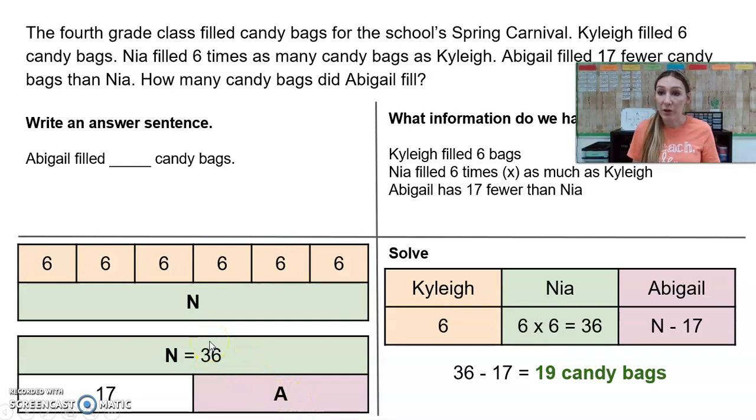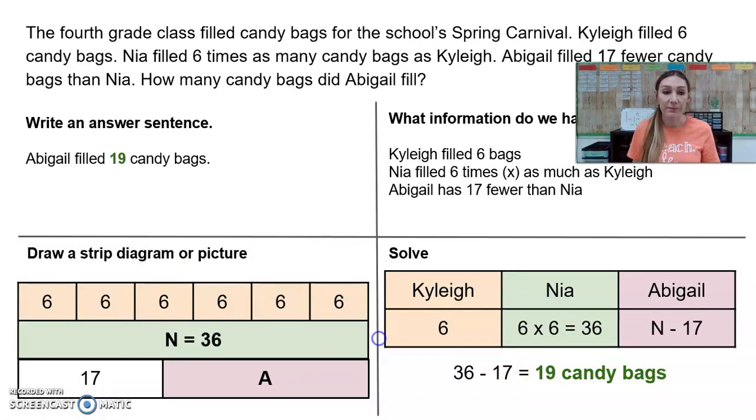Well, knowing what I know about fact families, I also know that 36 minus 17 is going to give me a total for Abigail. So my equation would be 36, that's Nia's total, minus 17, 17 fewer, is going to give me 19 candy bags. So I know that Abigail is going to have 19 candy bags.